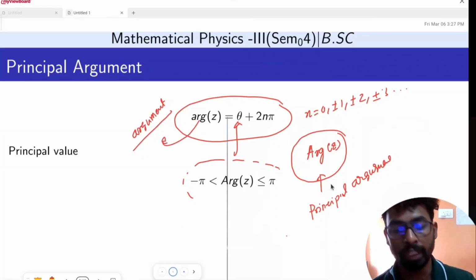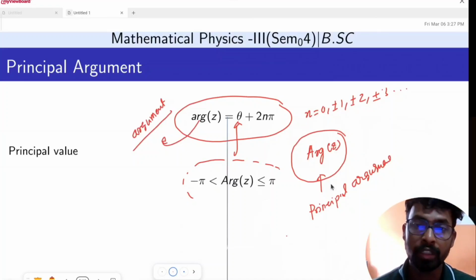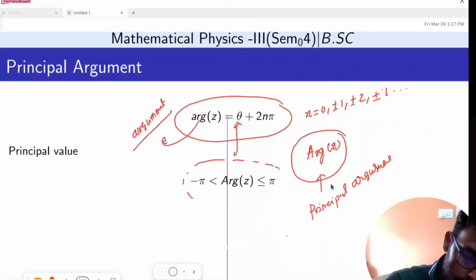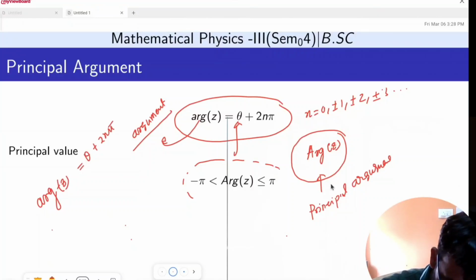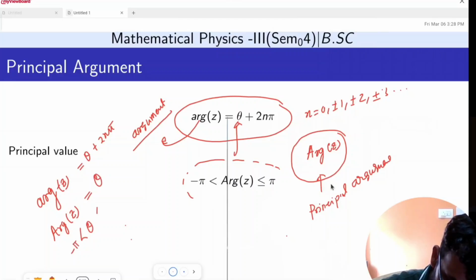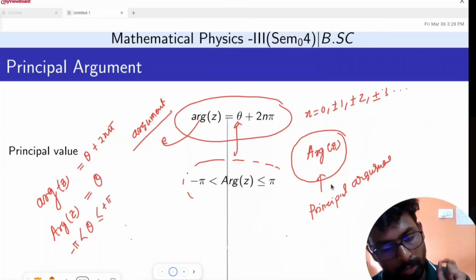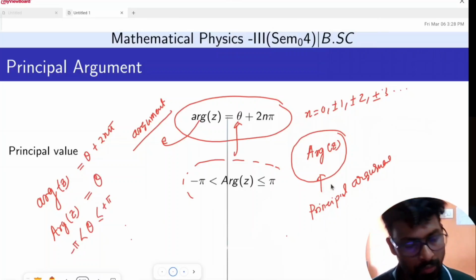So you have to finalize two things: the argument of the complex number equals theta plus 2n pi, and the principal argument of z equals theta, where theta has a value from minus pi to plus pi. The principal argument value is limited within minus pi to plus pi, but the argument value is not limited.